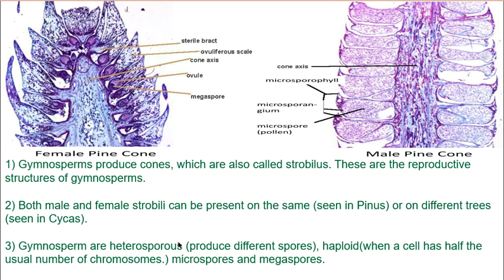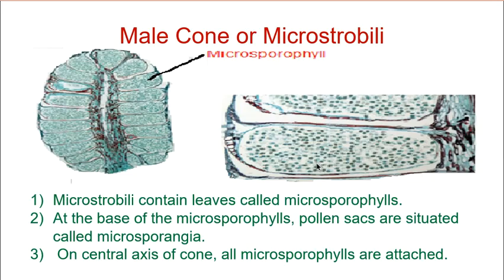Now, one by one we will take up the structures of the cone. Moving forward, this is the male cone. I have already told you the leaves are microsporophylls, and on the basal surface pollen sacs are there, and inside the pollen sacs microspores are there. Now, microstrobilus, what is it? The second name of cone is strobilus, and microstrobilus means male cone.